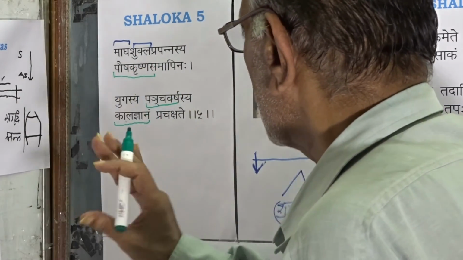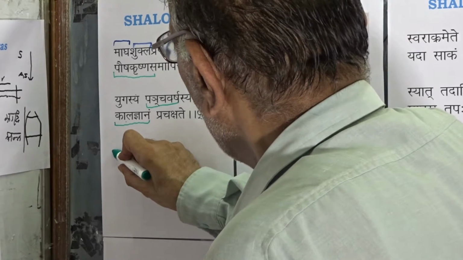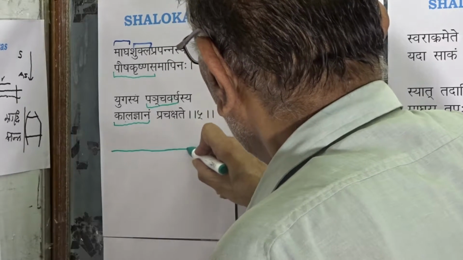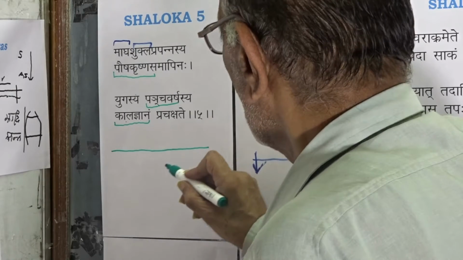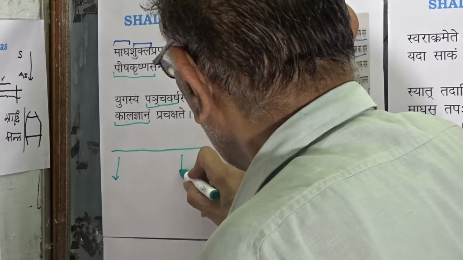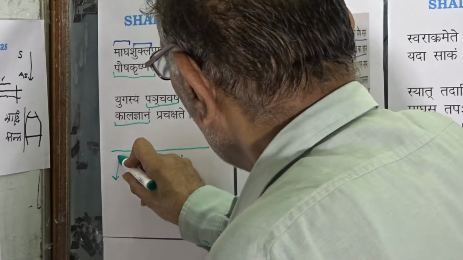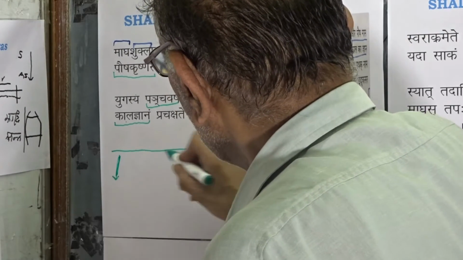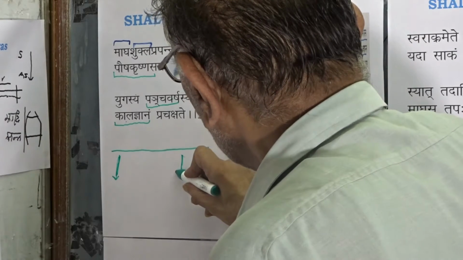Therefore, let us sit comfortably and accept a blissful exercise: to pose to oneself the beginning and the end of the Yuga. What is the date of the beginning and what is the date of the conclusion of the Yuga?